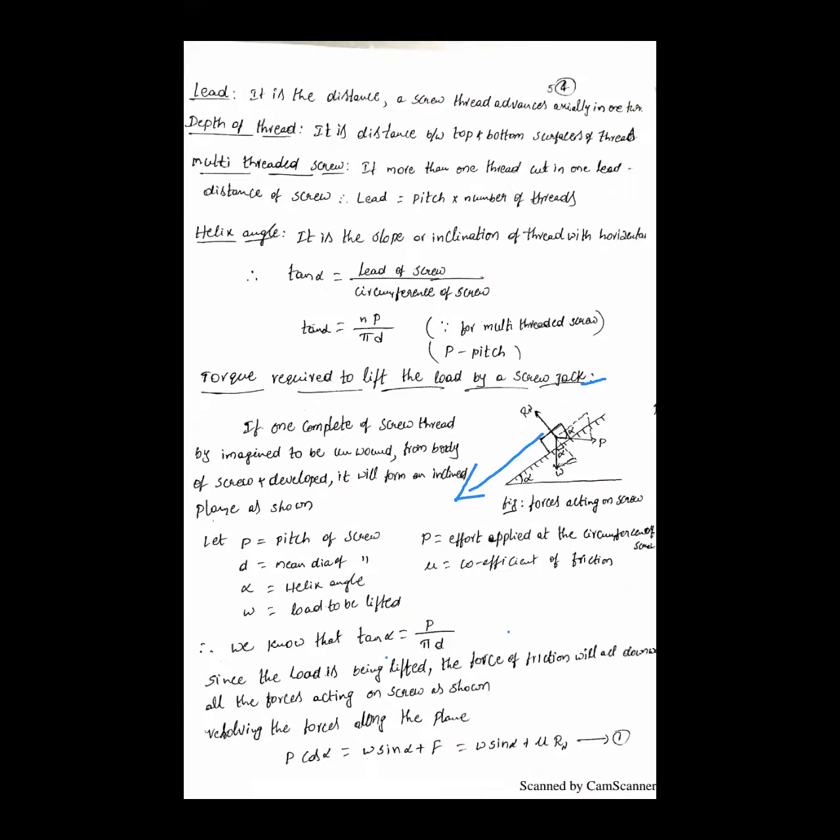Here F is also written as mu Rn. So that is taken as equation number 1: P cos alpha equals W sin alpha plus mu Rn.